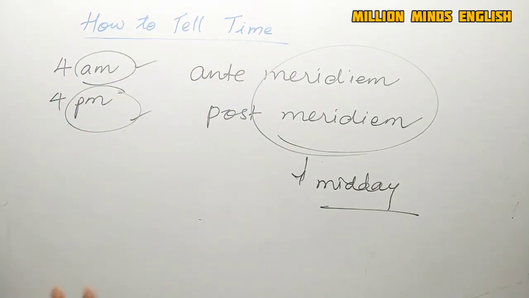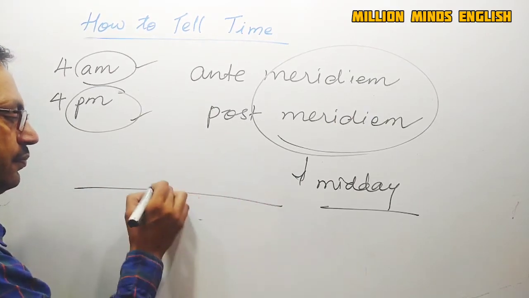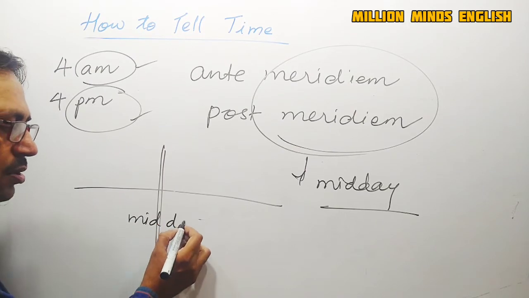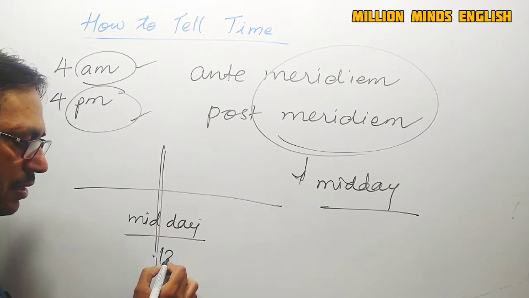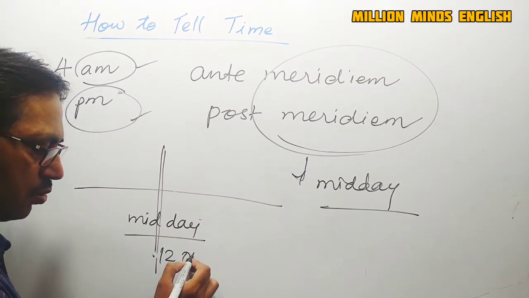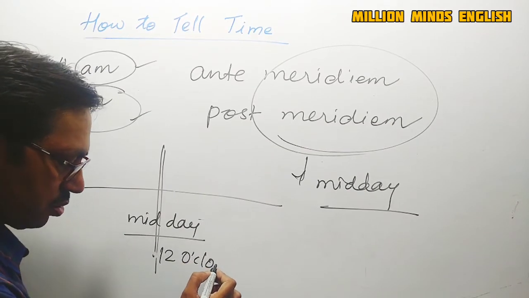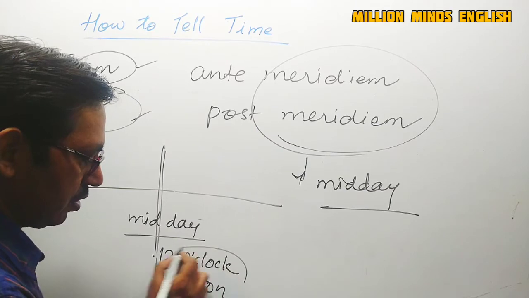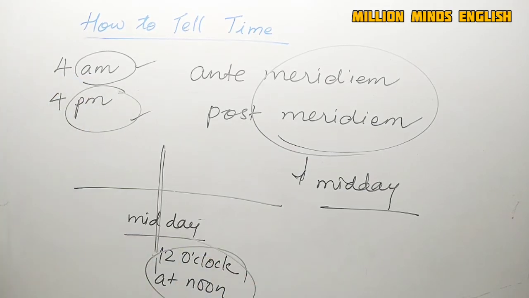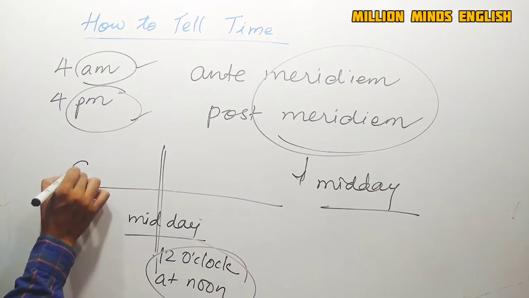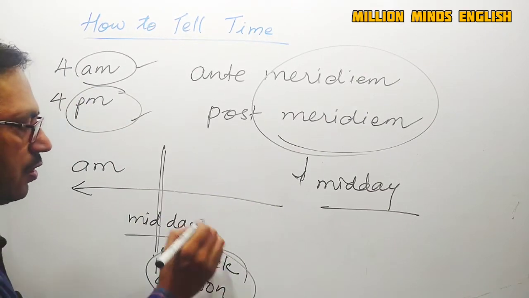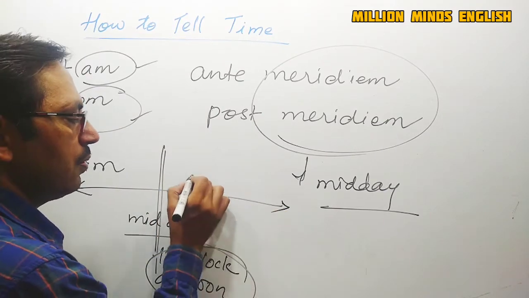Means the time, friends, your midday means it's 12 o'clock at noon. The time before this 12 o'clock noon is called AM, and the time after this 12 o'clock at noon is called PM.